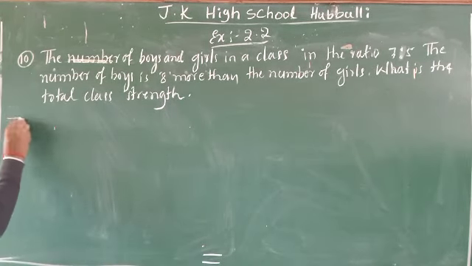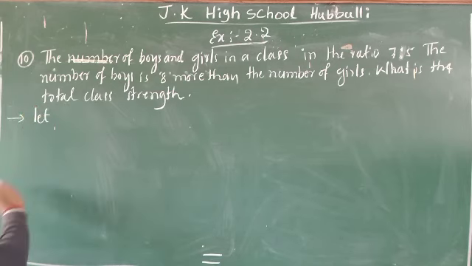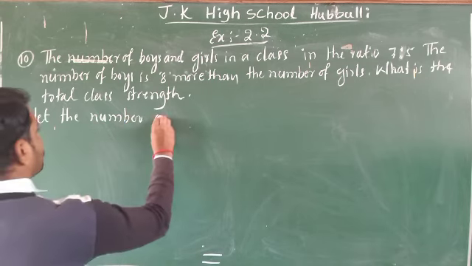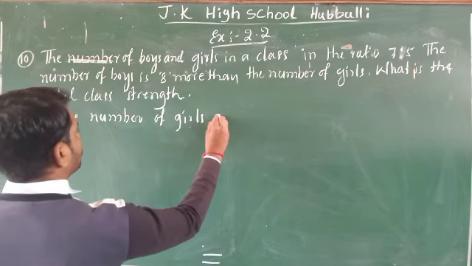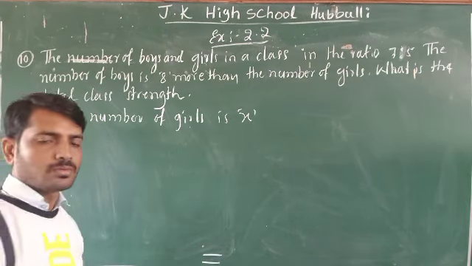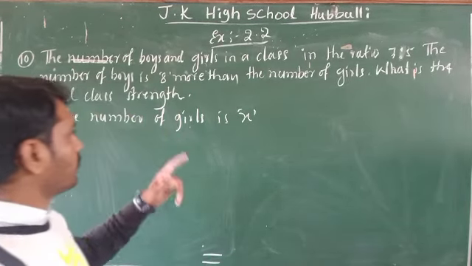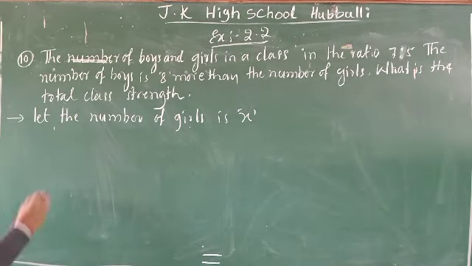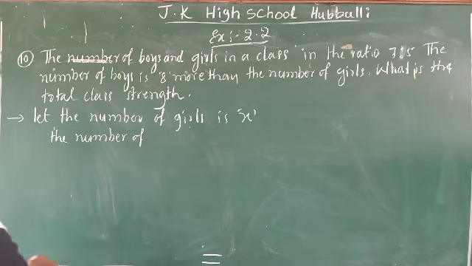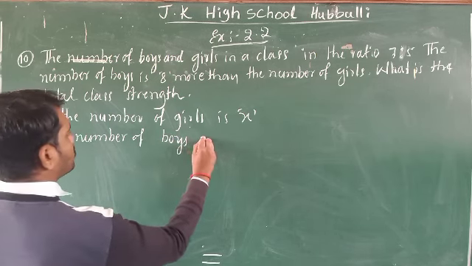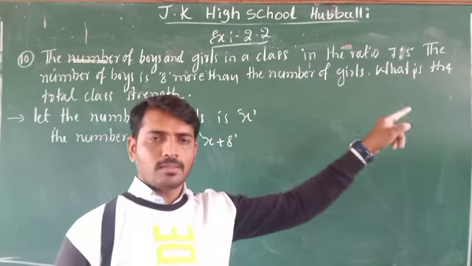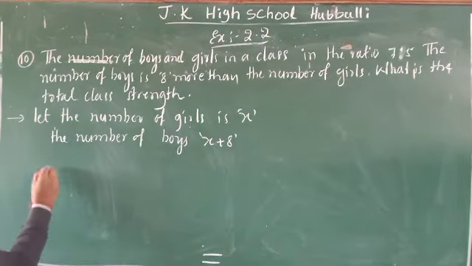So what to do? Let the number of girls, which we don't know, be x. So we don't know the number of girls, that's why the number of girls is x. Next, number of boys is what? x plus 8, because 8 more than number of girls according to the question.